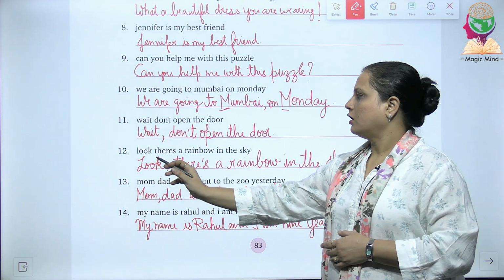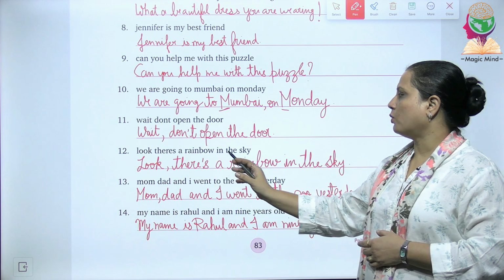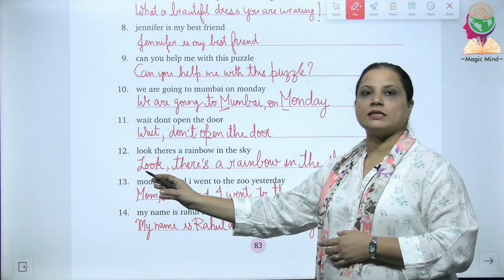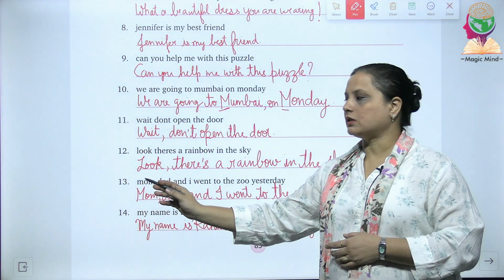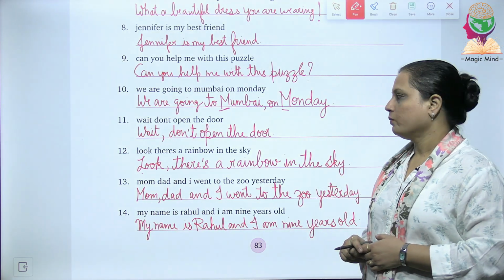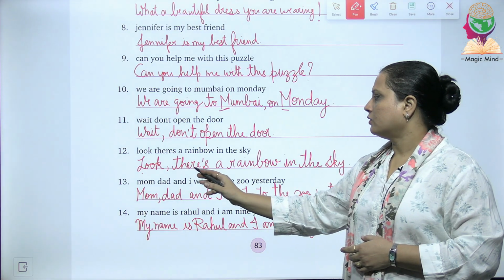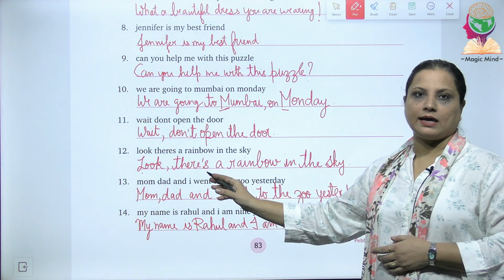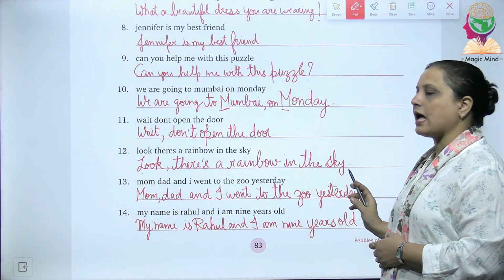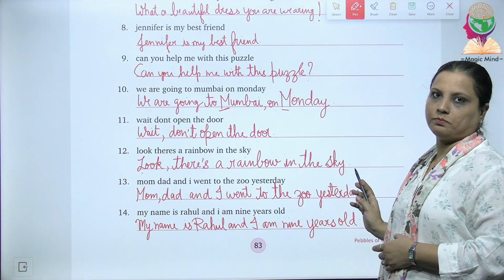12th sentence, "Look, there's a rainbow in the sky." Again in this sentence, we'll begin the sentence with the capital letter, that is L, and then we'll put a comma after look. Then we will write there's, with an apostrophe S after E, a rainbow in the sky and a full stop.